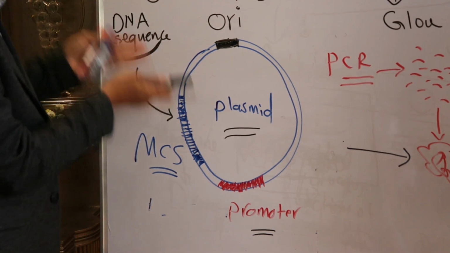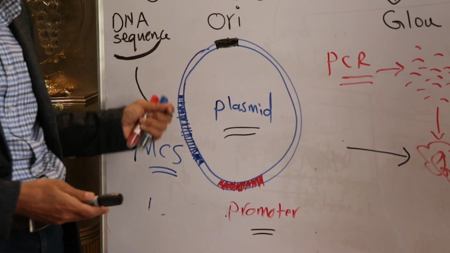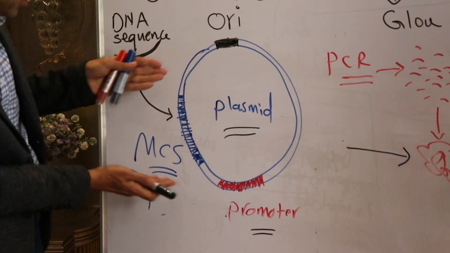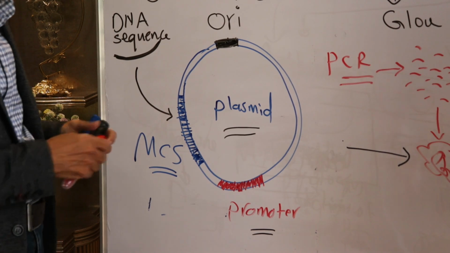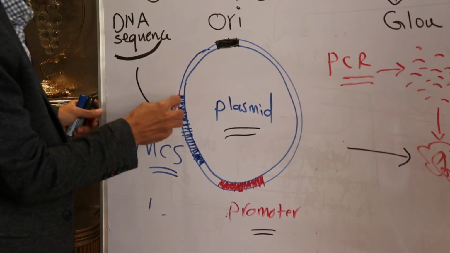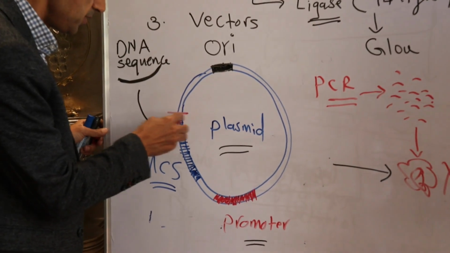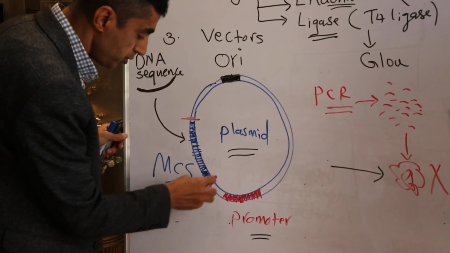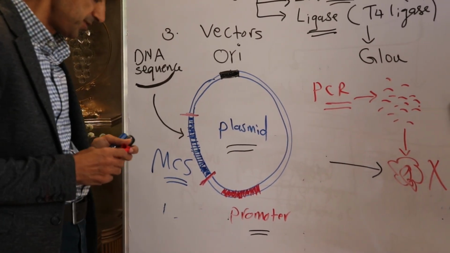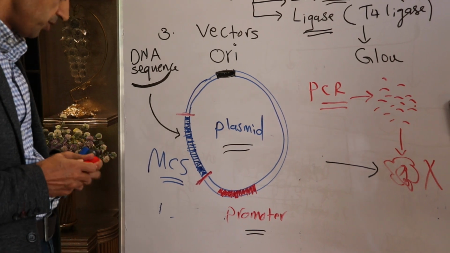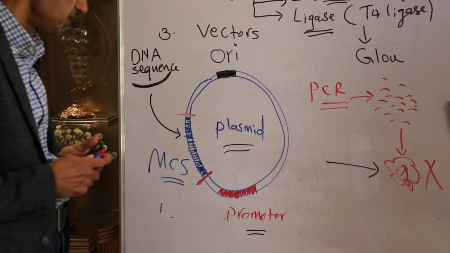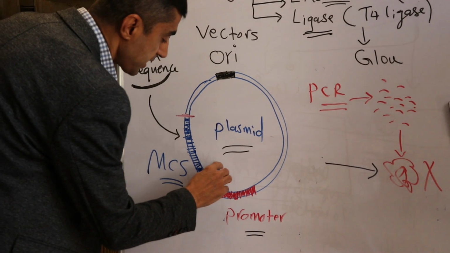We want to insert it into a plasmid, so there is a place, and it also has two cleavage sites, or restriction sites.